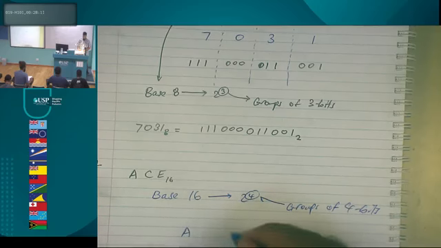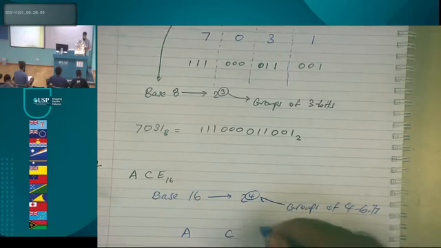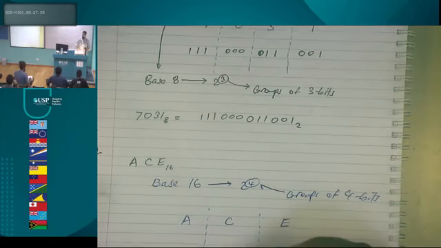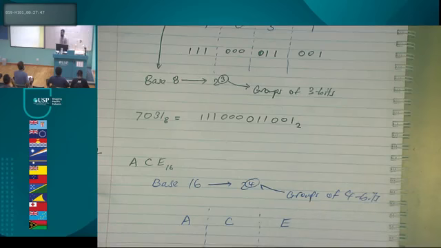Write down A, C, E, with gaps. What is E? In bits, yeah, 1110? No, not 0111. If you say 0111, that's 7. Right? 1110 is E.